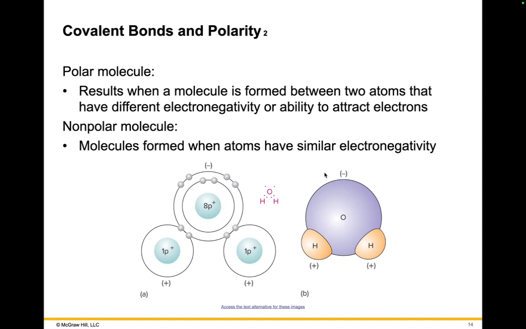So it makes the oxygen side of the water molecule slightly negatively charged. And the hydrogens, they're not losing their electrons, but the electrons are really wanting to hang out closer to oxygen. So because electrons are negative and they're shifting over to this side of the molecule, this side's negative and then this side's positive. And now we have a polar molecule.